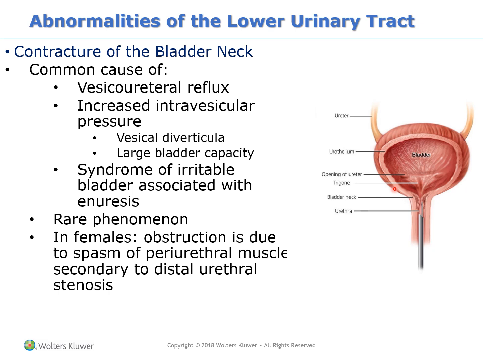The bladder neck contracture is relatively rare and usually seen in females, and when it's seen in females, what's usually happening is that there's an obstruction of the bladder neck due to the periurethral muscle in the bladder, in the pelvic floor.